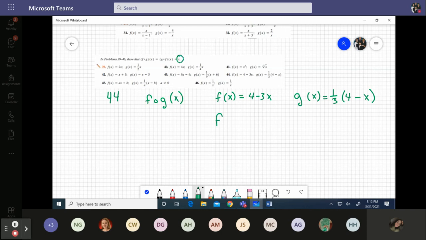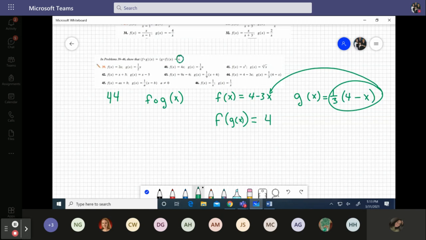So f of g of x means I need to take g of x and put it into f of x.